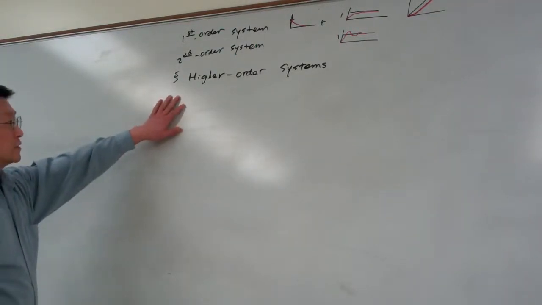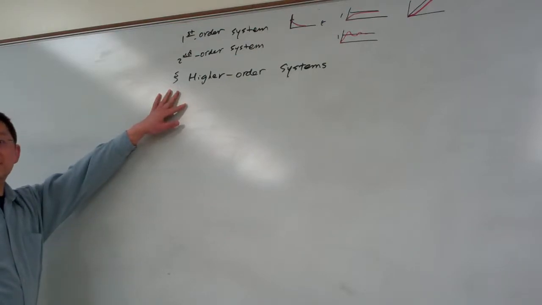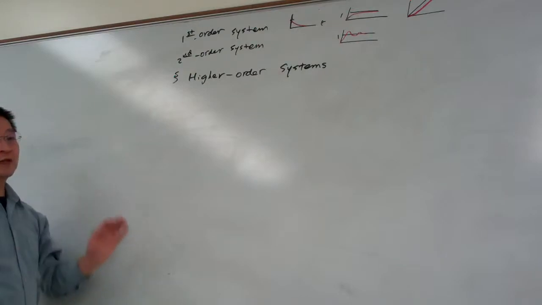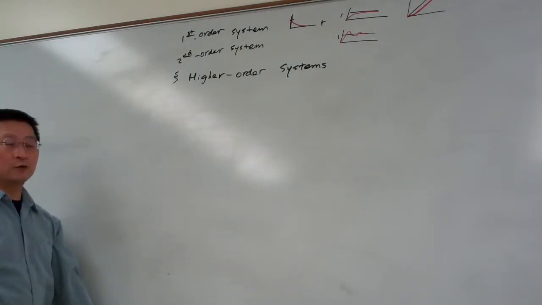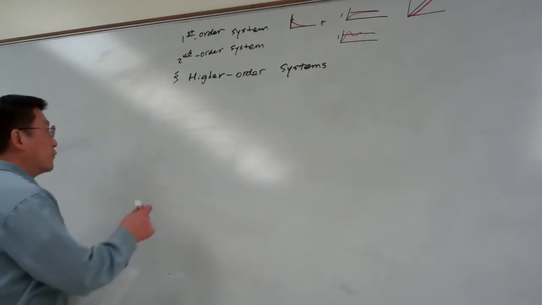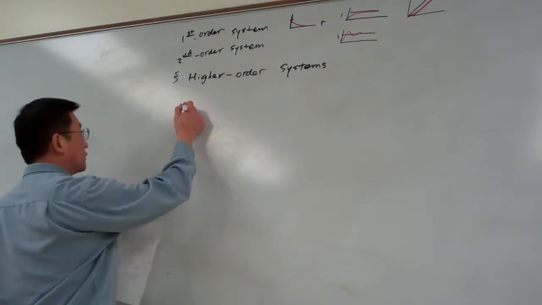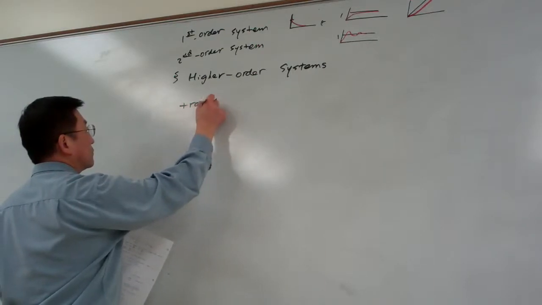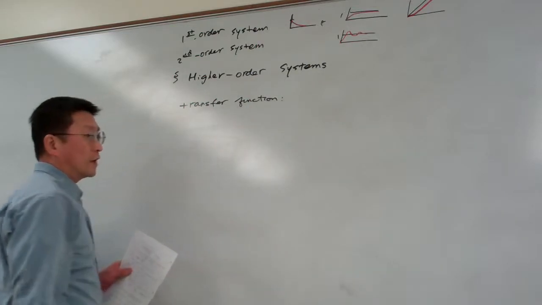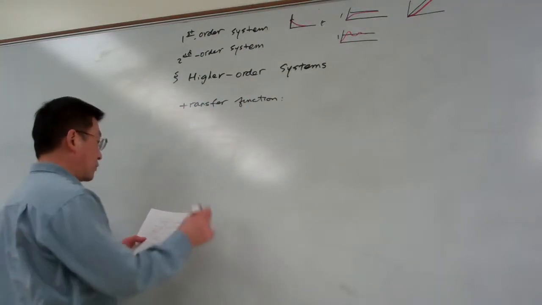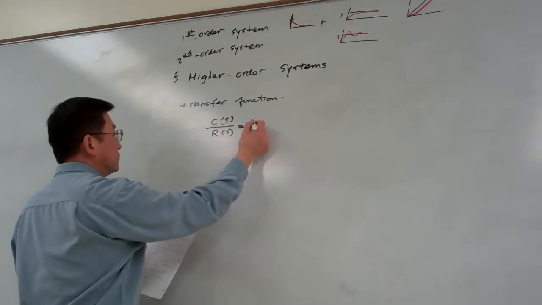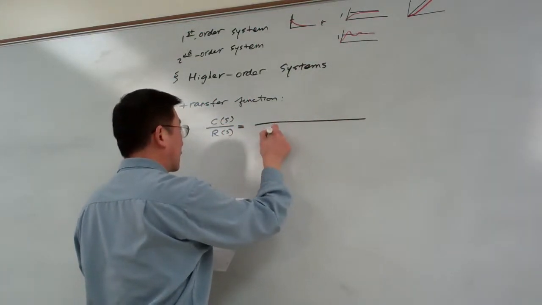For the higher order systems, that means the system's degree is greater than 3, for those cases we can only do qualitative introductions. So in general, for higher order systems, let me describe the transfer function in a very general way. C(s) over R(s) will be equal to A n.